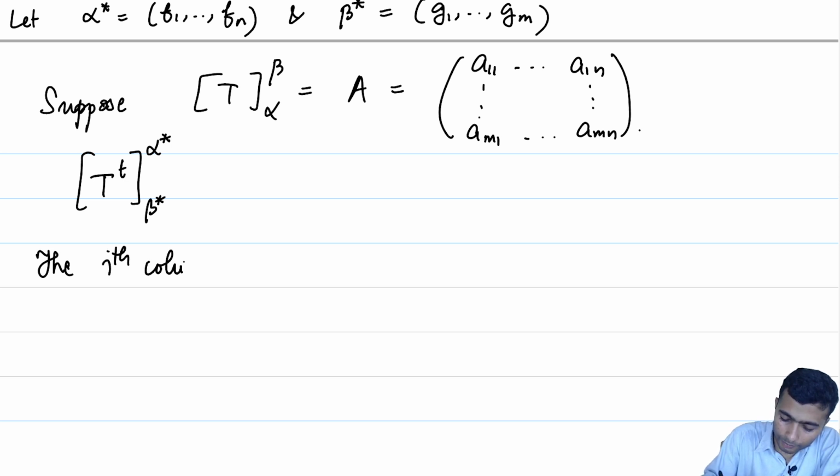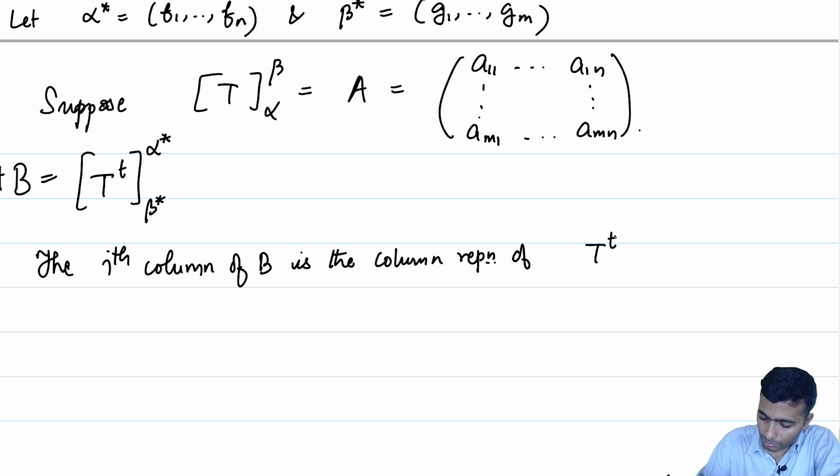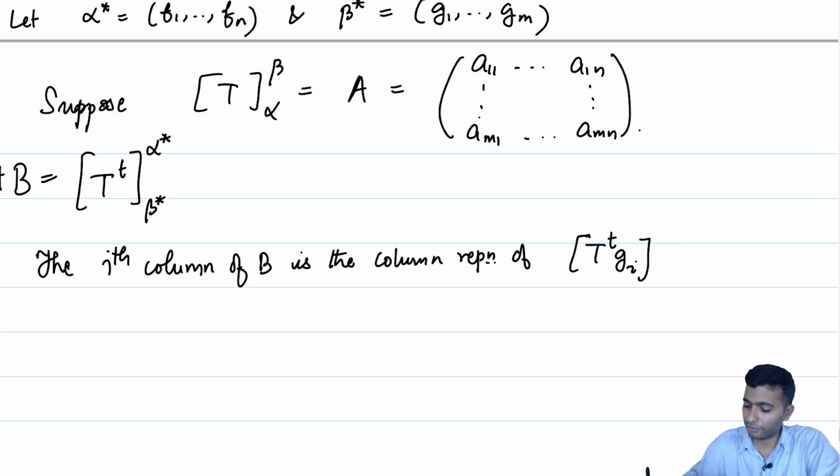Let us call it B. The ith column of B is the column representation of T transpose of Gi with respect to alpha star.